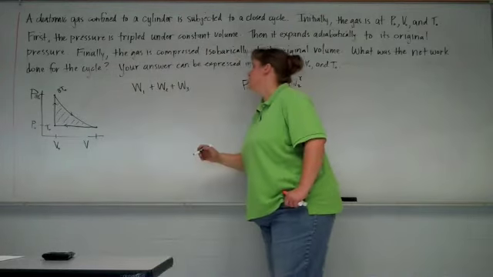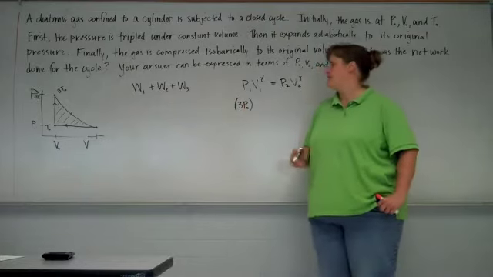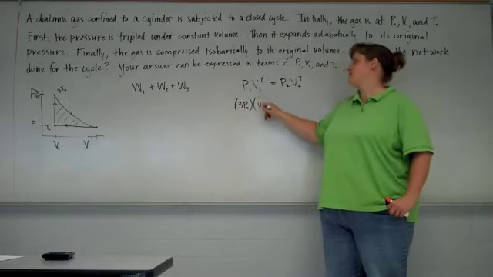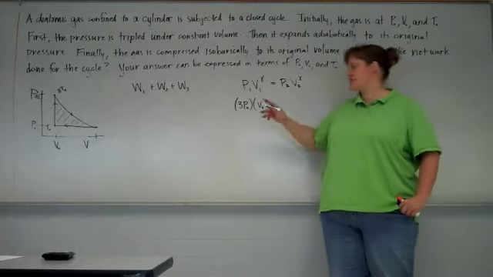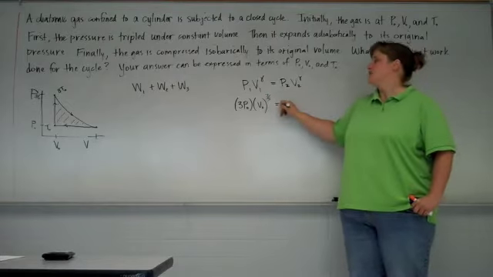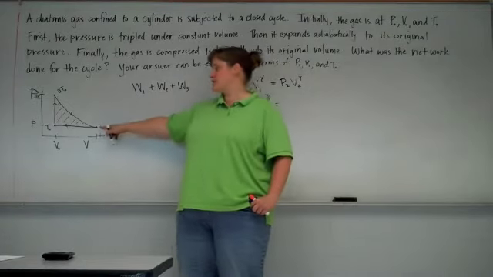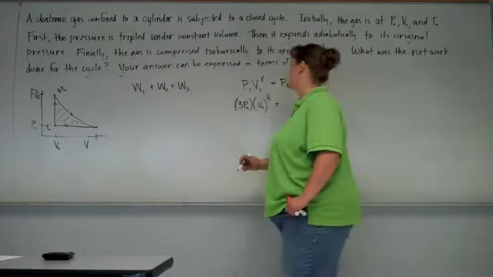The pressure is 3 P naught. The volume is V naught. Gamma, this is a diatomic gas, so we know that gamma is 7/5. Point 2 is going to be the end of our adiabatic process. The pressure at that point is P naught. We're back to our original pressure.